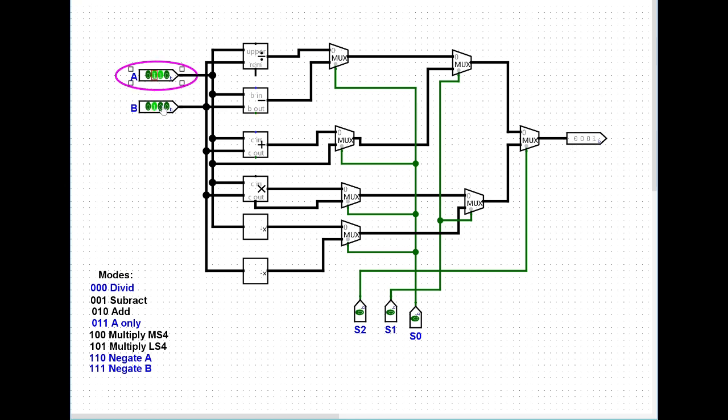If we did it this way, it should be 2. So now you know which one they're dividing by. So it is A divided by B. And that's how we get that.